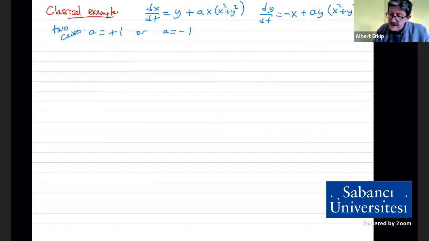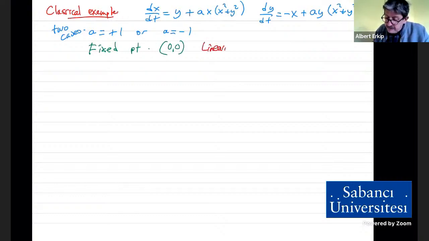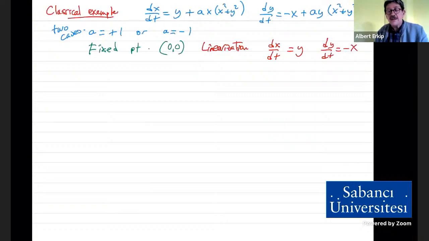Okay, first of all, what is the linearization? Now, the fixed point is (0, 0). That's easy to see. And there's nothing else nearby because the other factors are not 0. Now, linearization: this is like a polynomial. So dx/dt equals y, and dy/dt equals minus x, because when you think of the Taylor approximation, it's really the first order approximation.